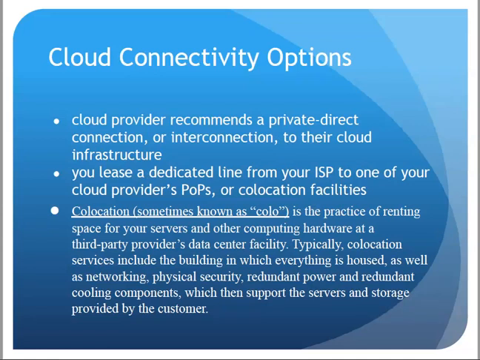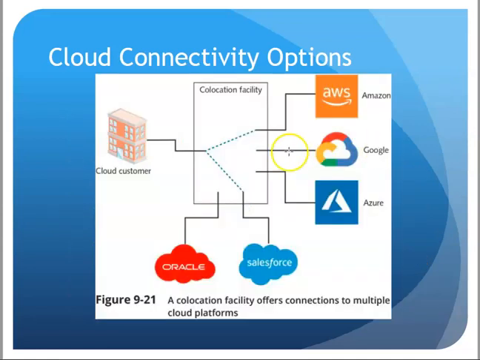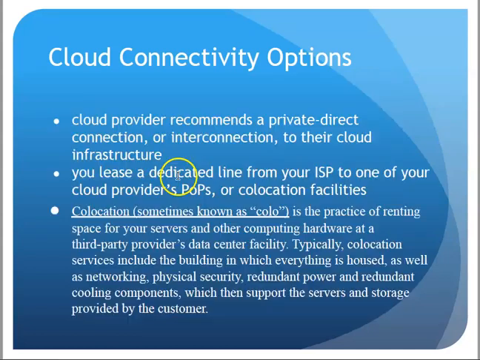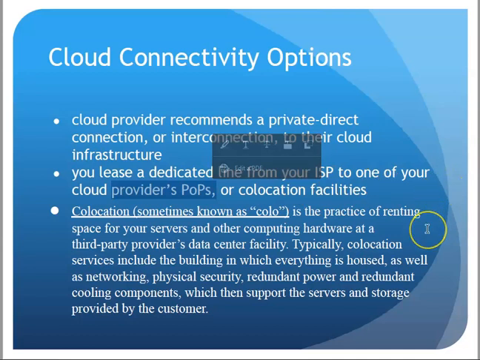In here, they mention cloud connectivity options. If you're going to connect to cloud services, you might run into a colo or colocation service that your cloud service provider is going to provide to you. You lease a dedicated line from your ISP to one of the cloud provider's POPs, the colocation facility, to have a direct connection to your cloud resources, especially if you have resources on there like websites or anything like that you need access to.